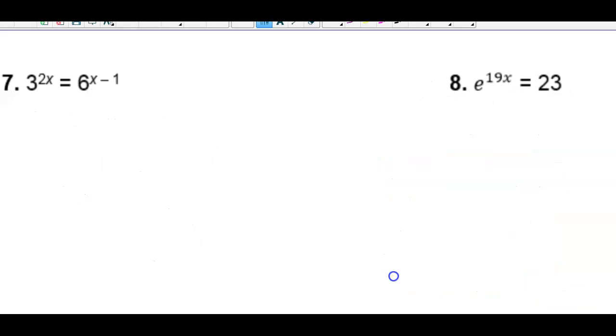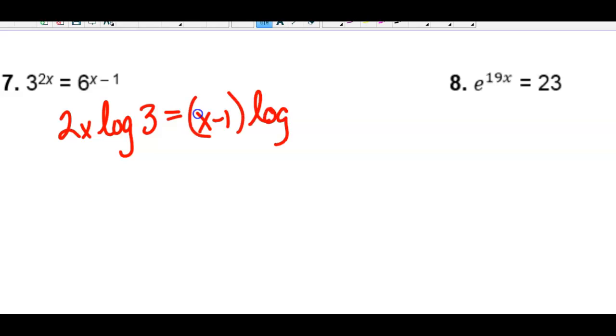All right, so I finished both of those. This one's ugly because I can't rewrite this, so I have to do the log of both sides, and it doesn't matter which kind of log I do. And I can bring that out in front. Now, I usually do a little bit of maneuvering here.